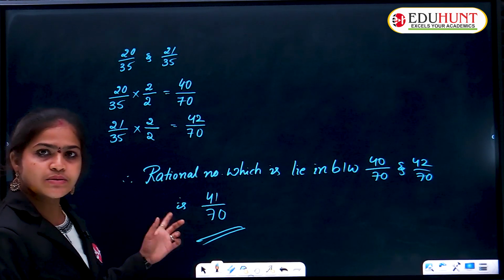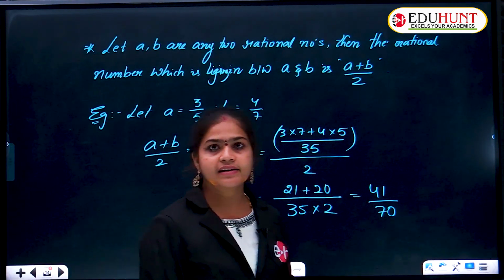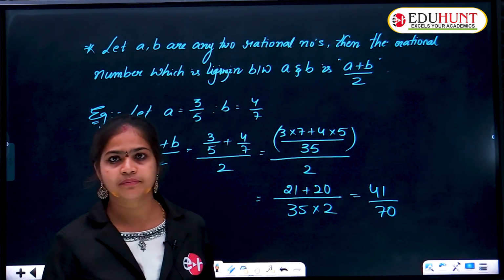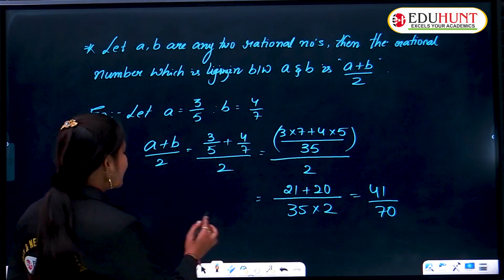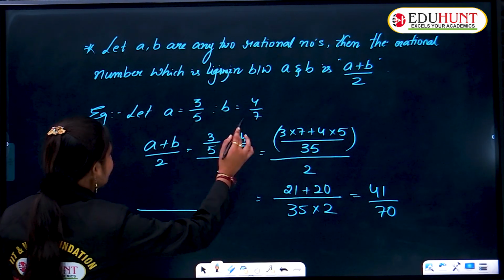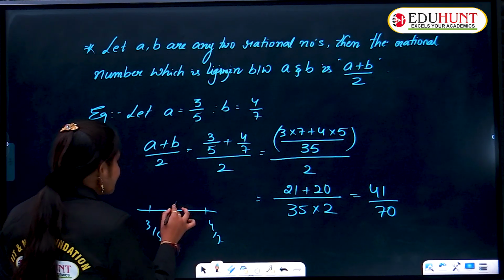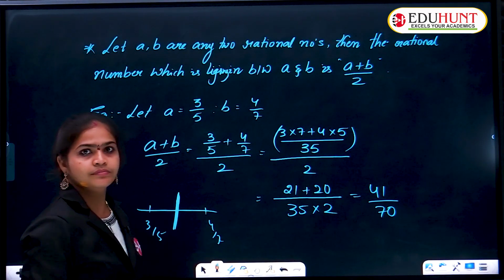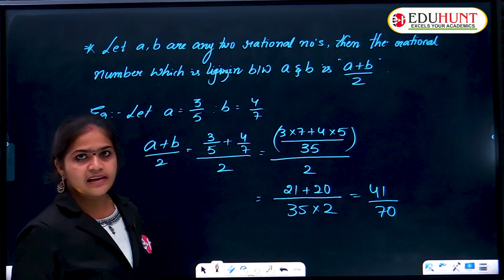So this is one of the methods, and by applying the formula we get the number 41 by 70, which lies exactly in between 3 by 5 and 4 by 7. Okay? Yes. So this is one method.